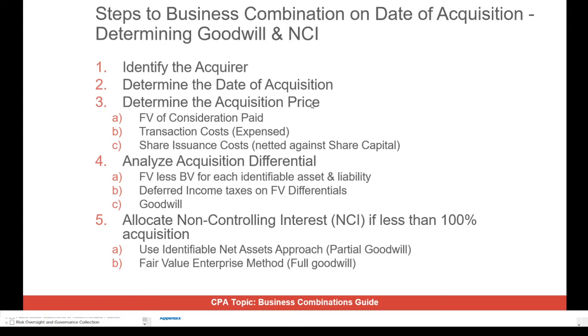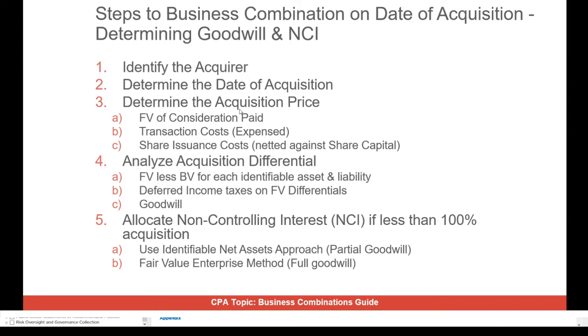You've got to know how much it was, and usually that's the fair value of the consideration paid, so the debt, the cash, or liability. And there could be other costs included, like transaction costs, accountant fees, legal fees, whatever. And then the share issuance costs, which are going to be netted against share capital. So this is what you've got to take into consideration to determine what the acquisition price is.